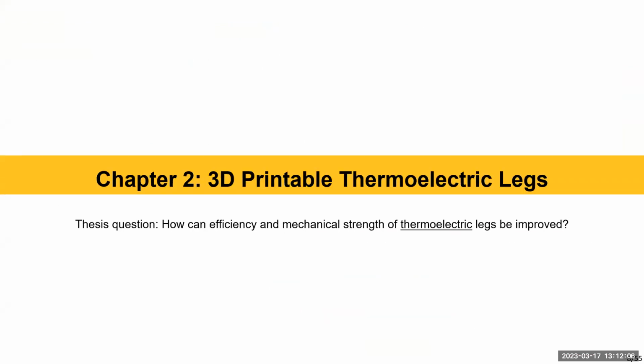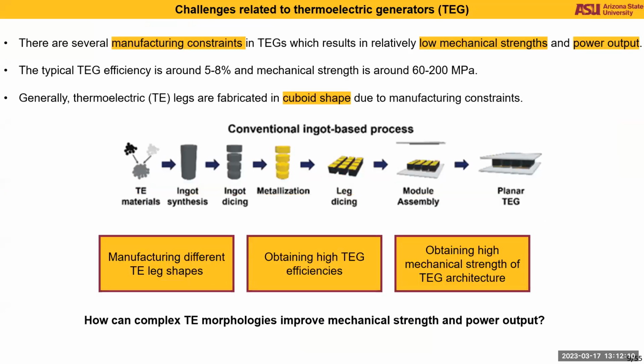Starting from chapter 2, which is 3D printable thermoelectric devices. As we all know, thermoelectric generators have relatively low power generation efficiencies and mechanical strengths. And this is due to the fact that the majority of thermoelectric devices are fabricated in simple cuboid shape. This simple cuboid shape does not allow us to effectively control the temperature gradient across the leg and also maintain higher electrical conductivity at the same time.